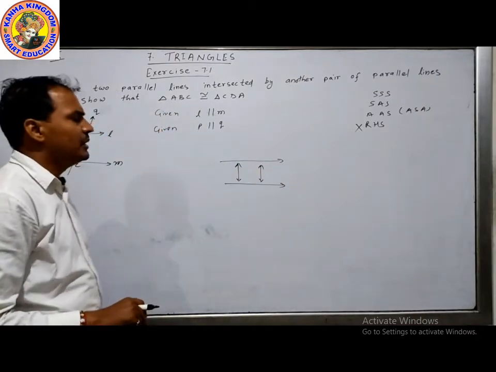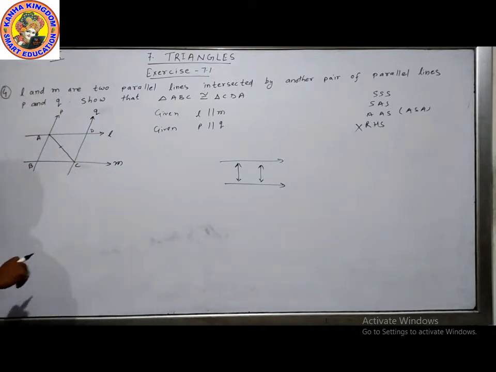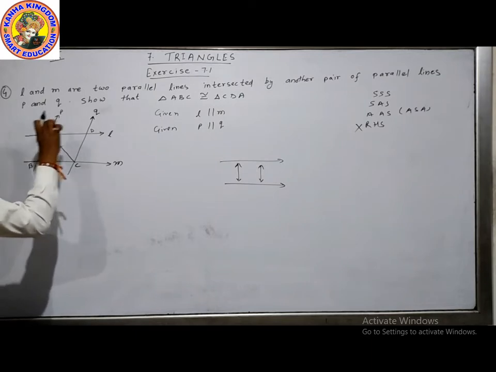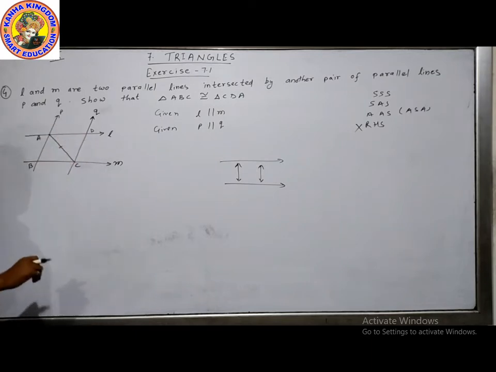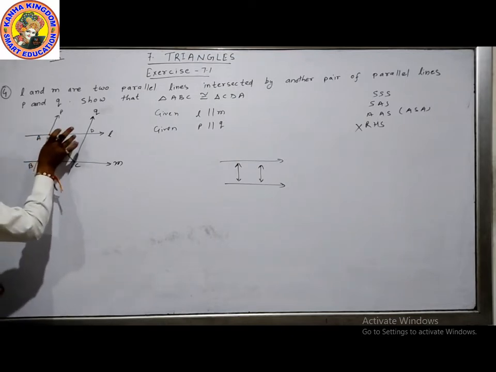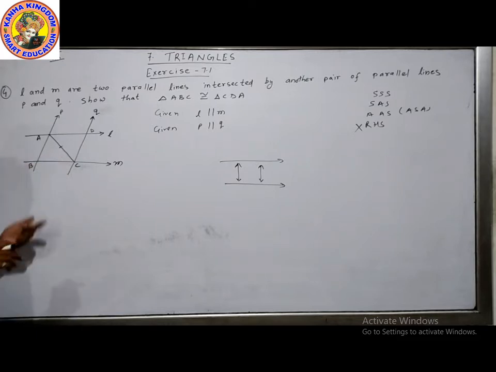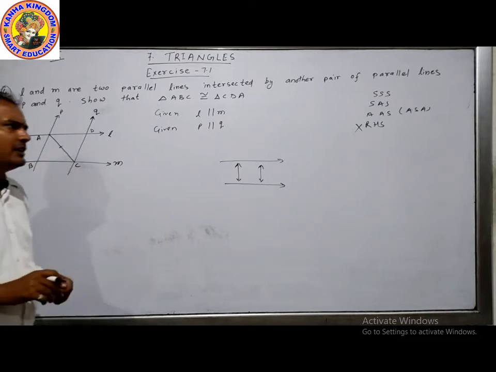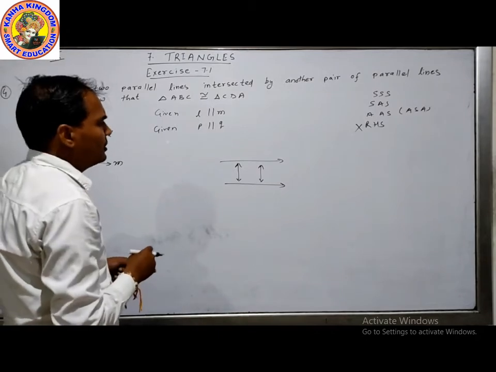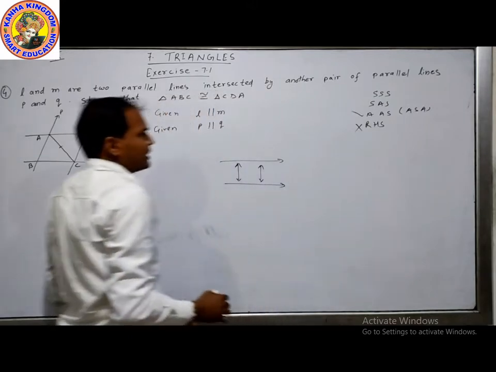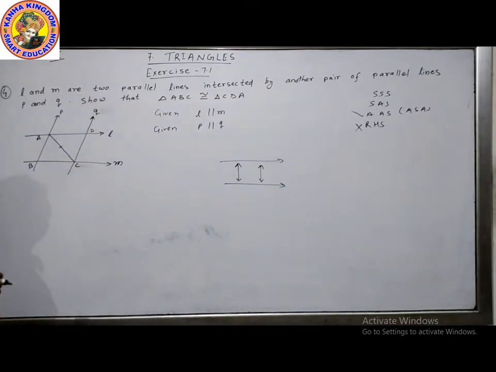So the distance AB and the distance CD are equal, and another distance, PQ, distance BC, are equal. So we can prove it by the triple S rule, and we can also prove it by the ASA rule or double AS rule.